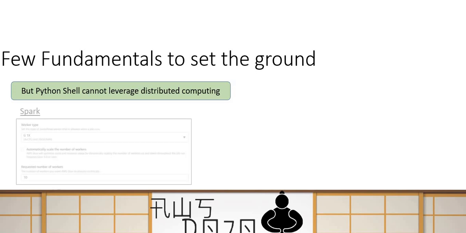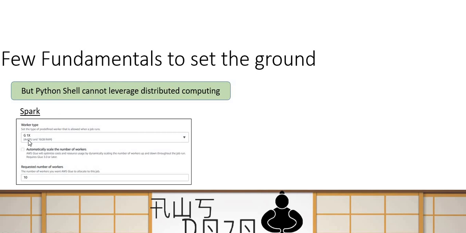So for instance, if you create a Spark based job, you will see a configuration like this. You can select your worker type and you can select the number of workers. That means here you're saying that I want to use 10 workers in parallel to do parallel processing or computing of your data. So Spark is supporting distributed computing.